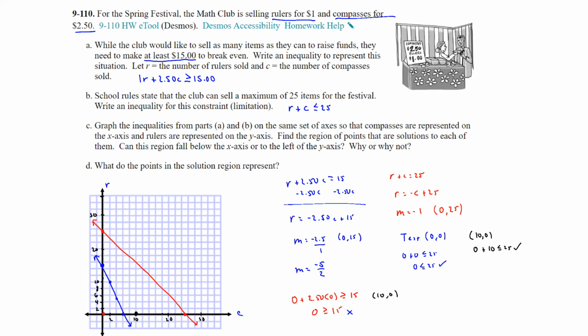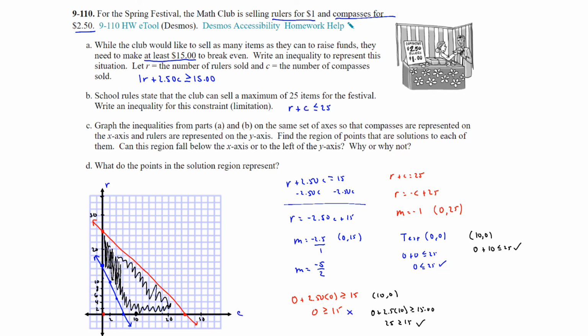R is the y, so that would be 0 plus 2.5 times 10. So this would be 25. Is that greater than or equal to 15? And yes, it is. So if this is a solution here, then that means everything in this region will also be a solution. So all of this represents my solution.